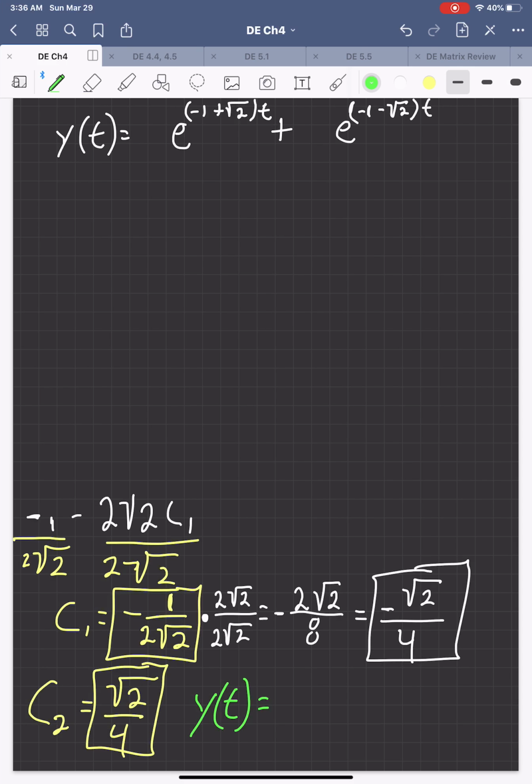Ready? So I have negative square root of 2 over 4 plus, and then C sub 2 is the square root of 2 over 4. That is the particular solution to the initial value problem.